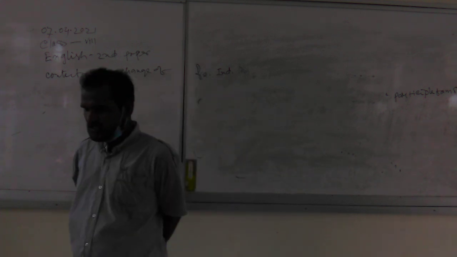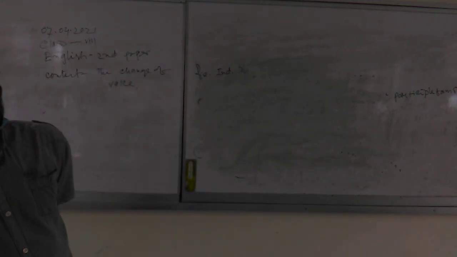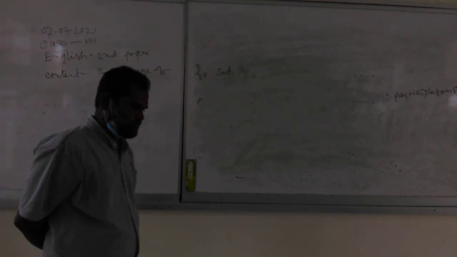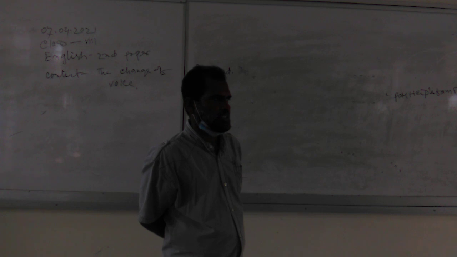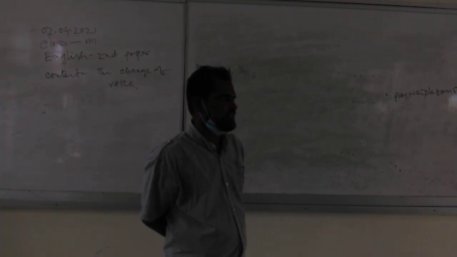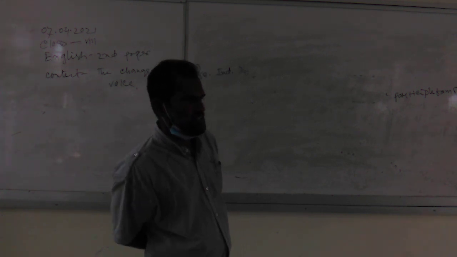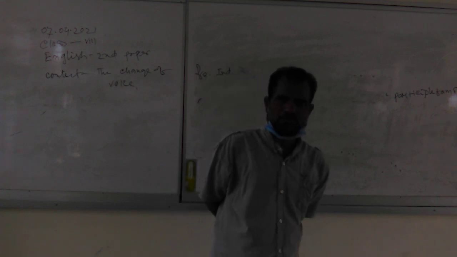So I am going to show you how to make passive voice from present continuous tense. At first I am going to give you the structure of the passive voice of present continuous tense.